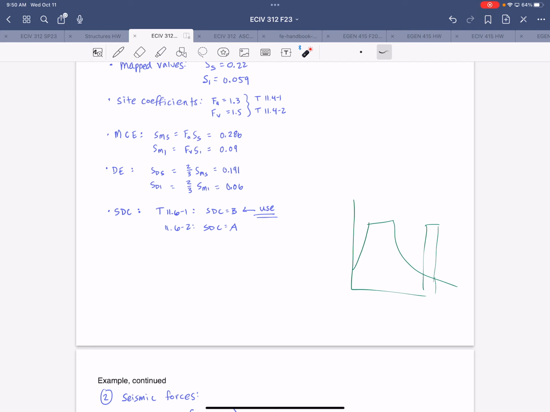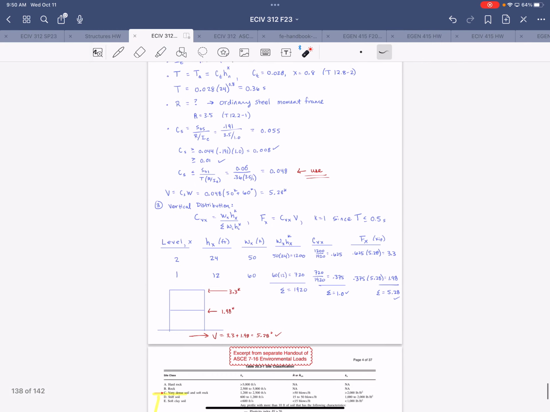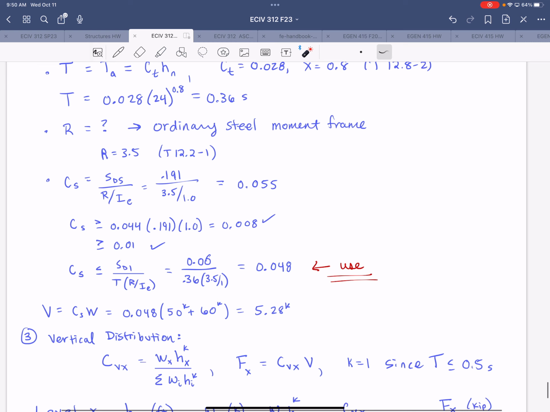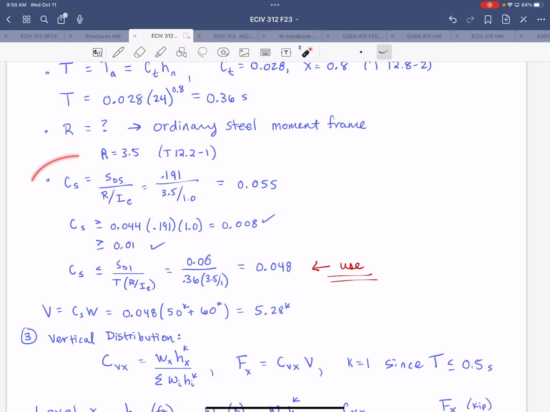Did you have a question, Alex? Yeah, I wanted to see if we could talk about the limits, why you chose the 0.048. Sure. So for CS, we calculated the upper limit to be less than the value from this equation. This equation gives you the standard CS value, but it's subject to these limits.